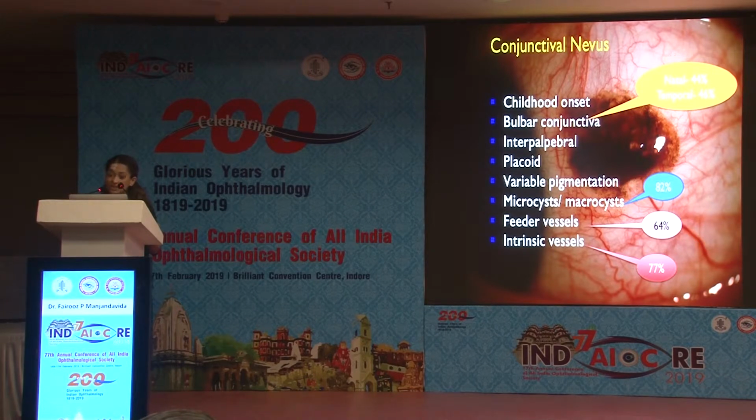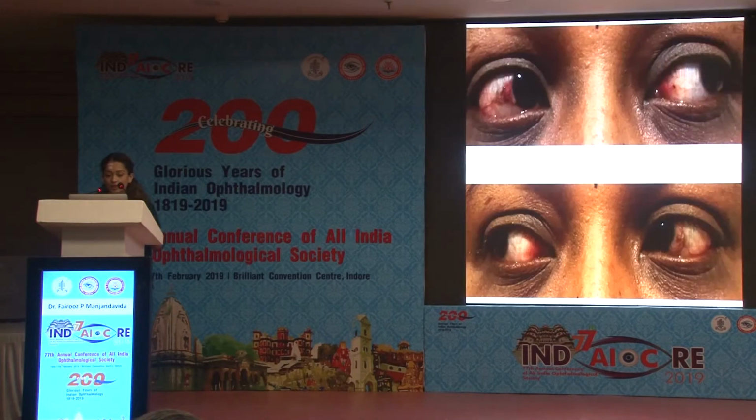These are the vessels which actually lead to the growth of these conjunctival nevi. And it does have growth spurts with the growth spurt of a child when there are hormonal changes in the body. So even 64% of conjunctival nevi can have feeder vessels, but you need to look at the other characteristic features like microcysts, macrocysts, variable pigmentation, a lighter shade of pigmentation and not a darker shade.